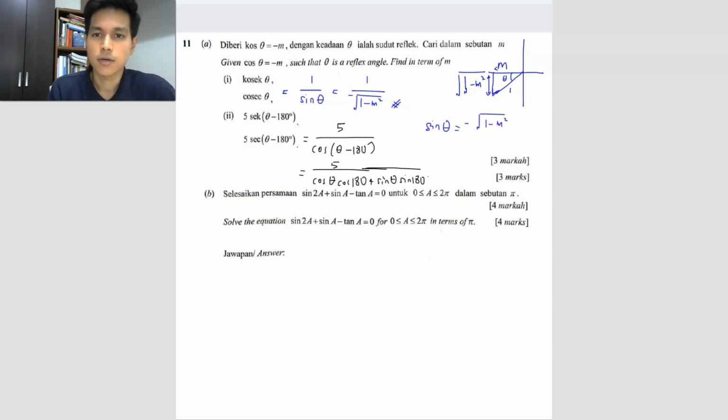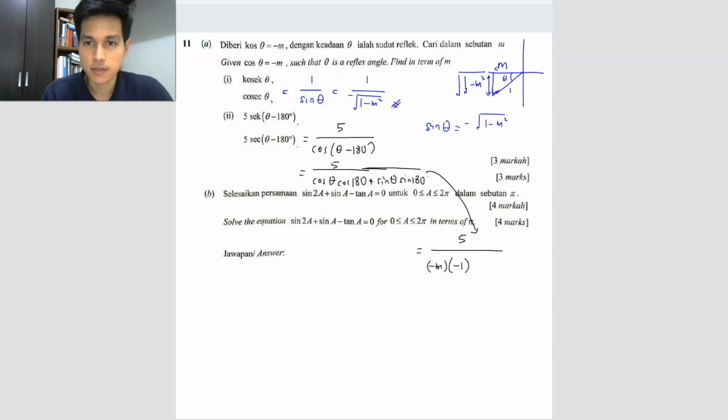Sorry, I don't think we have space here, so let me write it here. It becomes 5 over, cos theta you already know is negative m, then cos 180 is negative 1.